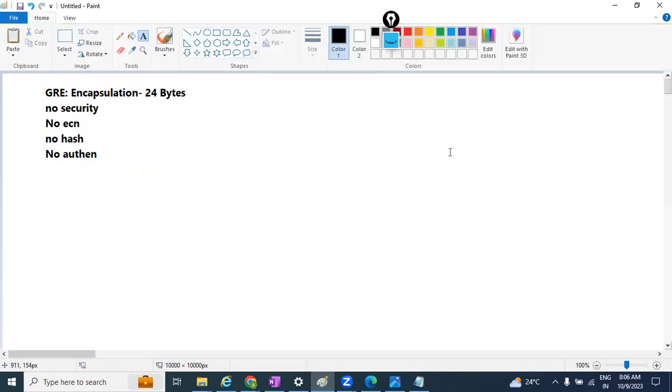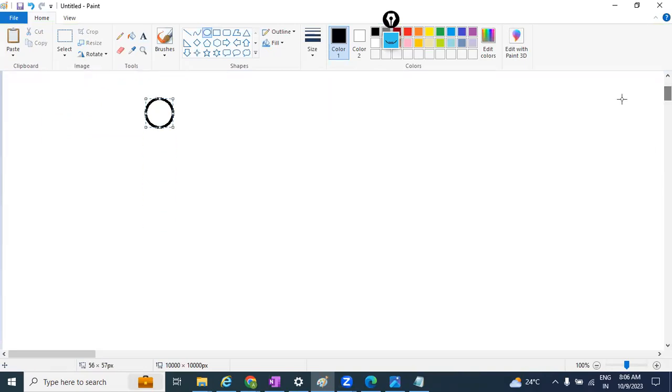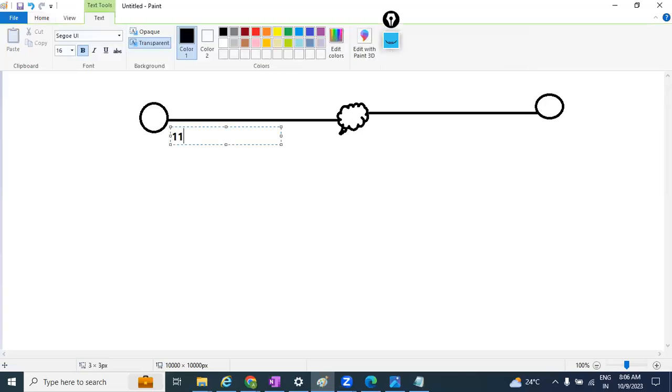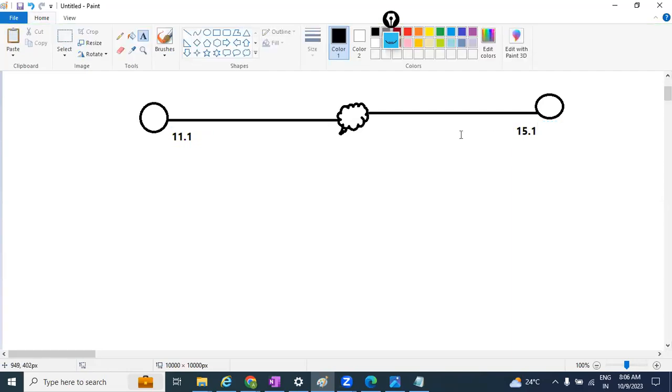In the previous topology, let's consider this is our site A, this is site B, and in between we have the ISP. This is connected like this, and this is 11.1, and this is 15.1.